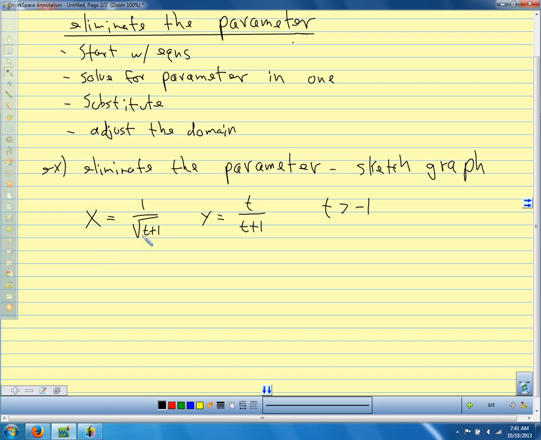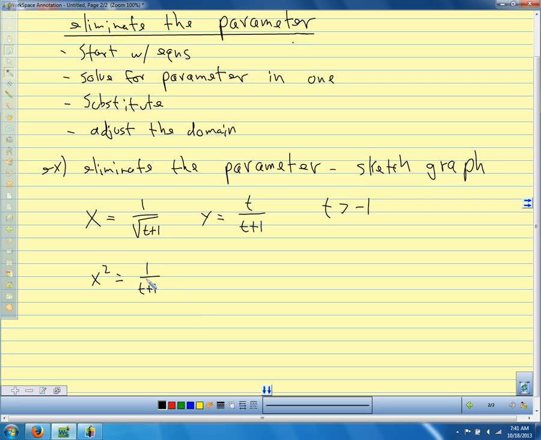So I want to solve for t here. So I get x squared equals 1 over t plus 1. And then, can we substitute that into the y equation as before and find the other two?